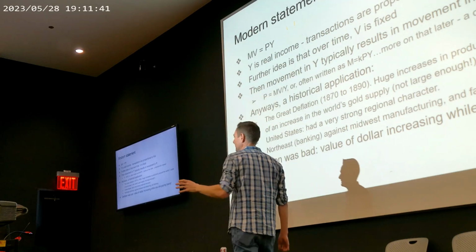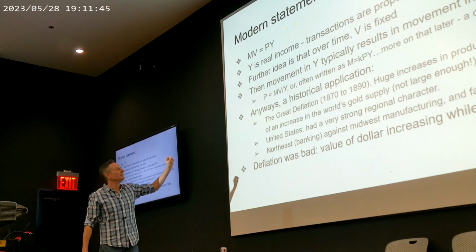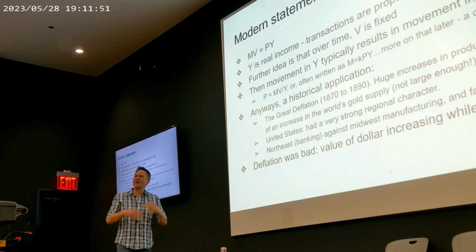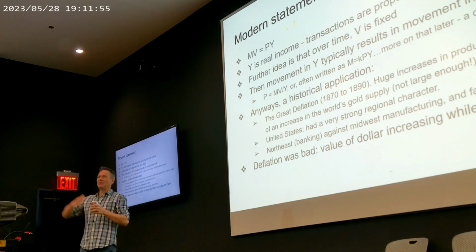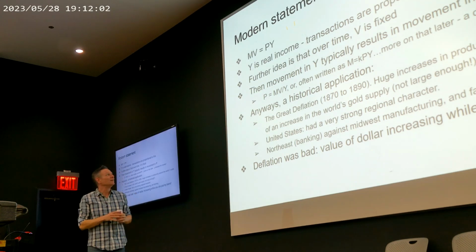Now it just turns out that the Great Depression was a time period in which we had some deflation. There's actually a worldwide period going roughly 1870 to 1890, coinciding maybe with the Progressive era in the United States, that period of time when the United States was expanding rapidly westward. We had railroads, we had all these things.